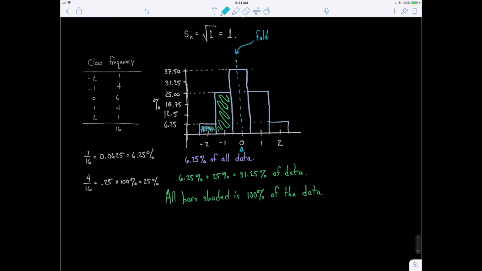Now, that's an important idea because here's what happens next. Right now, I have data that's just in whole numbers, but what if I had data that was in tenths? In other words, within the data from 0.5 to 1.5, I would have to divide that into 10 different spaces. Well, what would happen then is I would have to break this up into these little tiny bars.